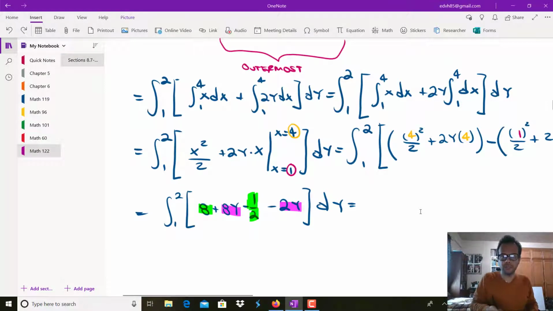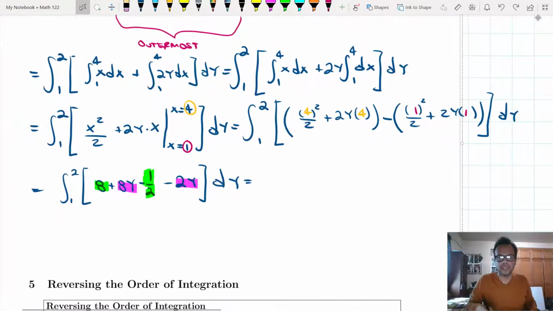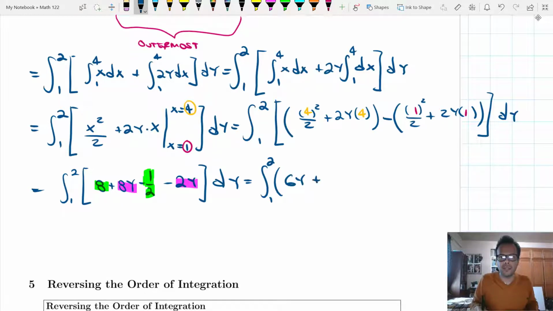This will give us the integral from 1 to 2 of the quantity 6y plus 15 halves. It's going to be a fraction, and fun to evaluate later on, with respect to y.